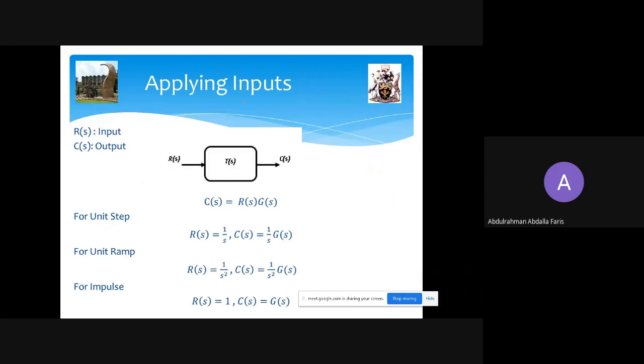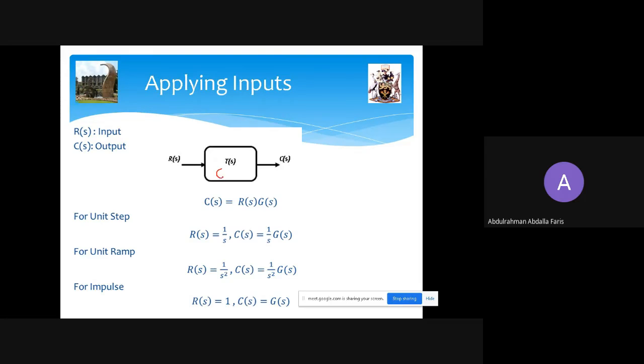So applying input. You have R(s), as I said, as your input, and C(s) as your output. The way we did with block diagram algebra, we know that C(s) is just G(s) times R(s).